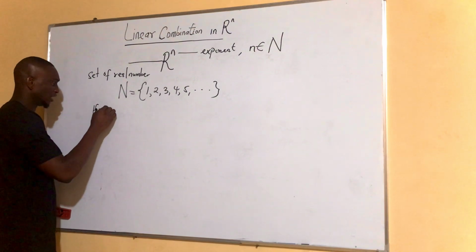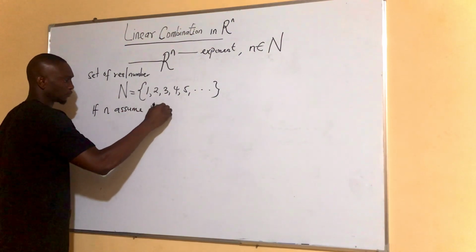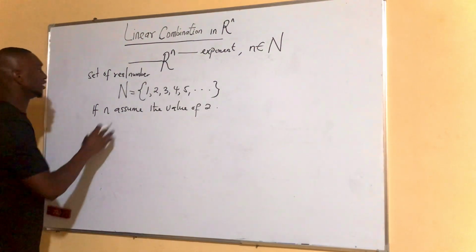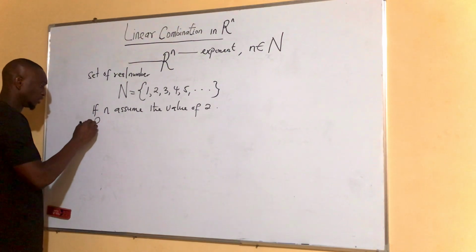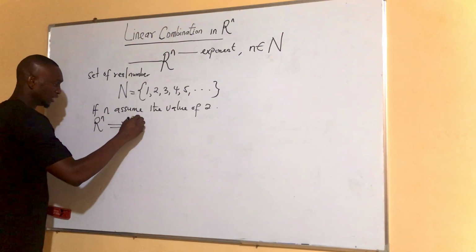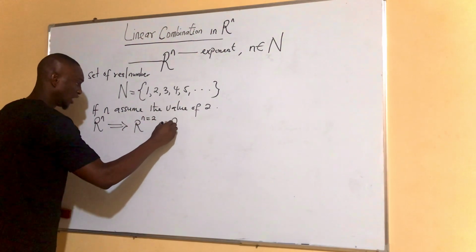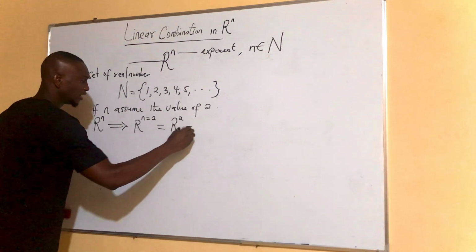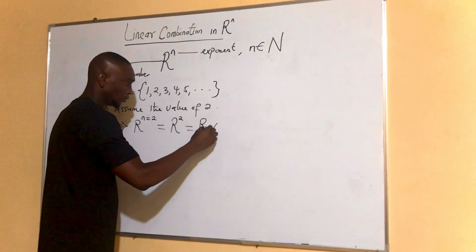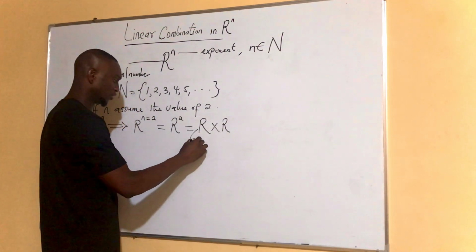Now if n assumes the value of 2, you see that this particular expression will become R to the power of n equals 2, and this gives us R2, and R2 is the same as R multiplied by R. Now this happens 2 times.